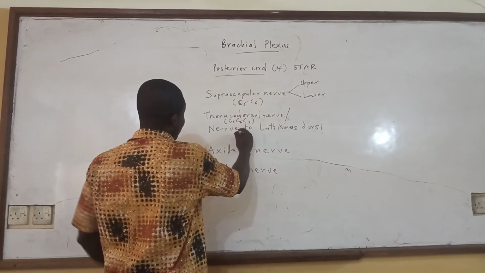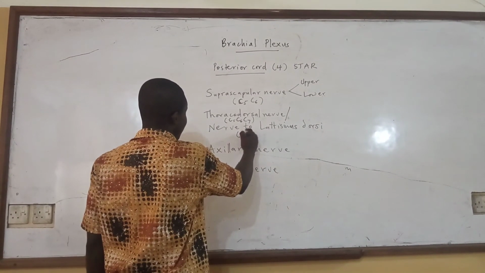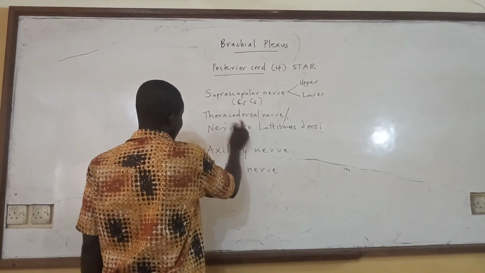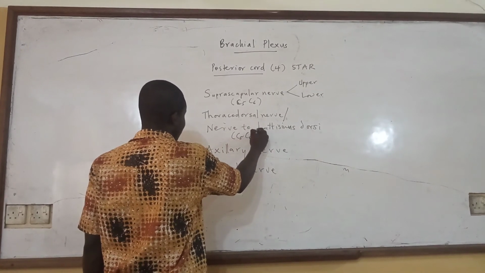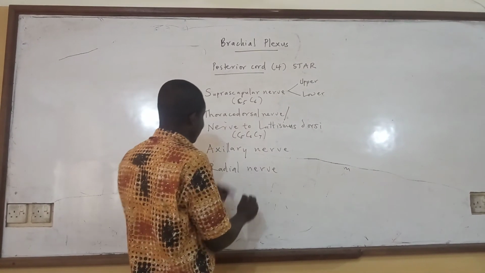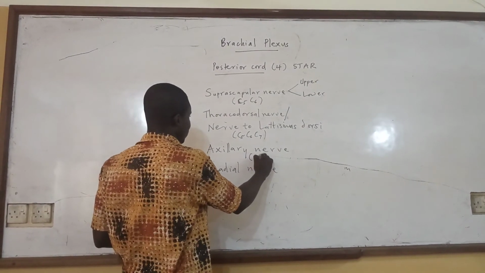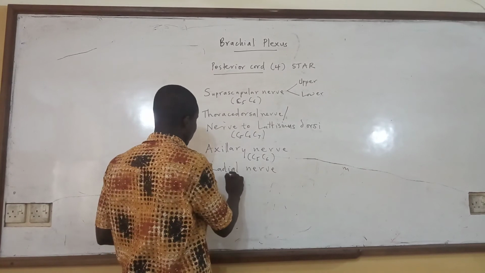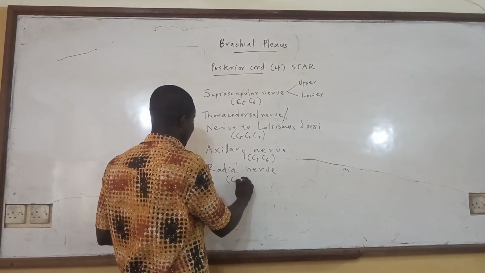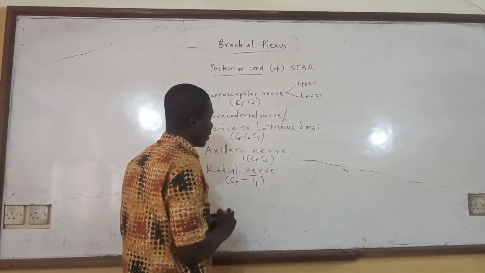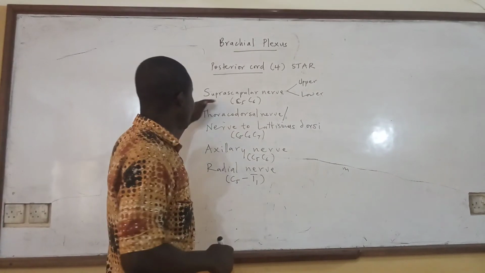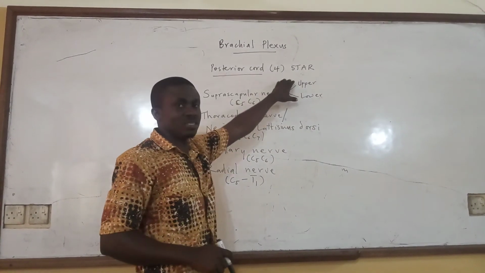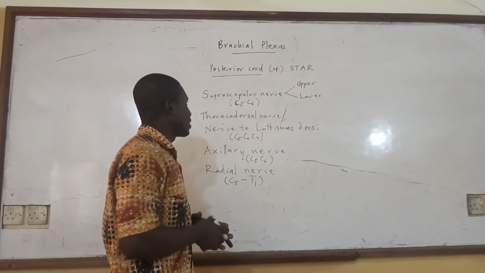Nerve to latissimus dorsi is the same, so that's C5, C6, C7. And then the axillary nerve, C5, C6, and the radial nerve having the root values from C5 to T1, ventral rami.